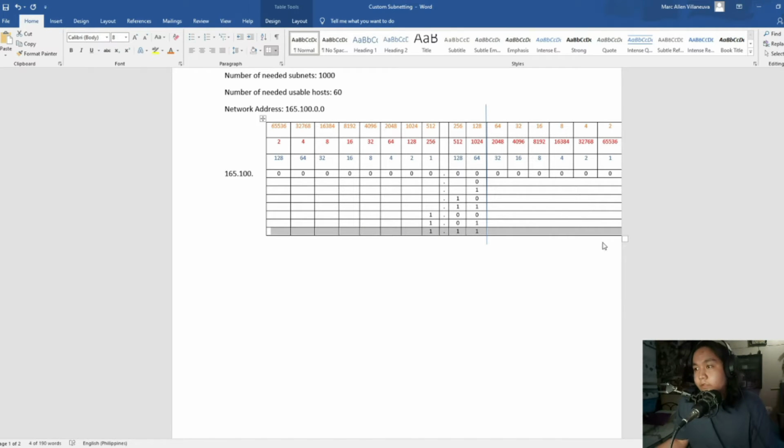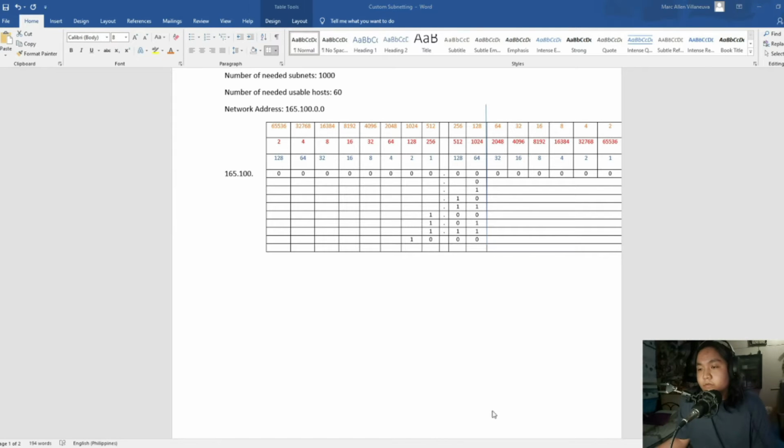The next pattern will be 1, 0, 0, 0. And it just keeps on continuing. It continues. We're going to make it 1, 0, 0, 1.